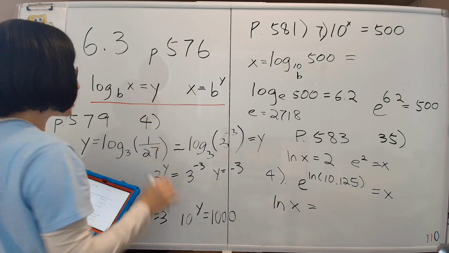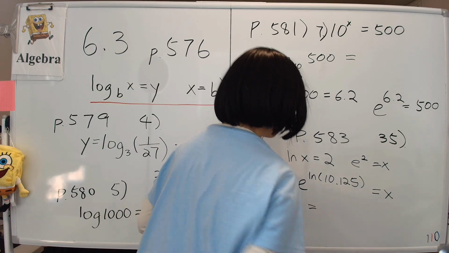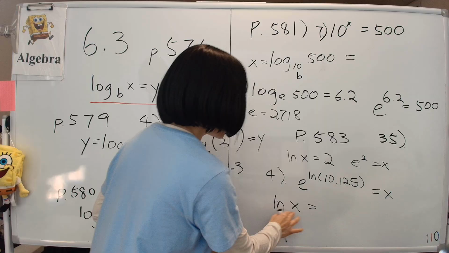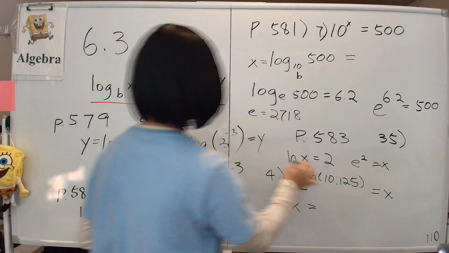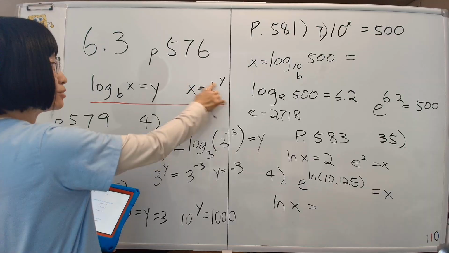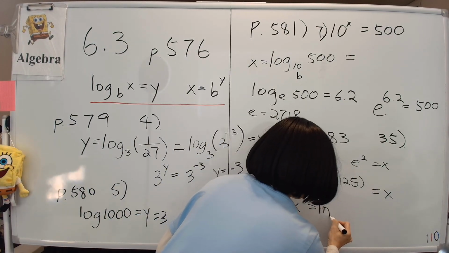Natural log of x is going to be equal to what's on top, right? The log base of x is equal to the exponent. So that is this exponent right here.